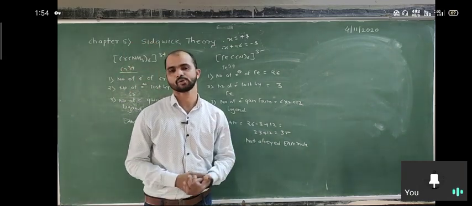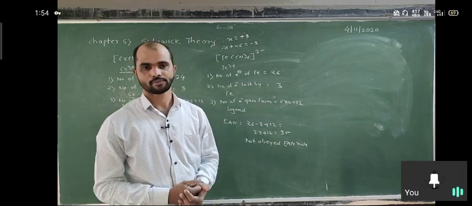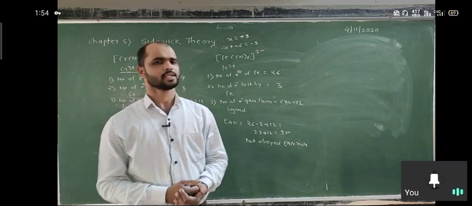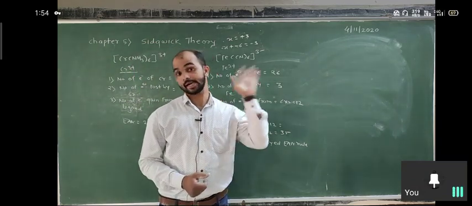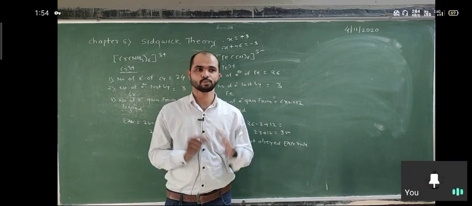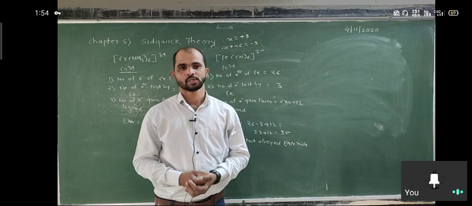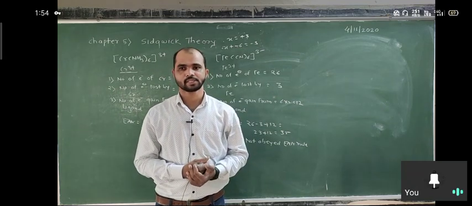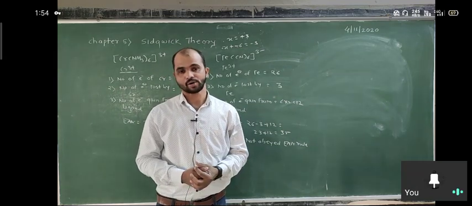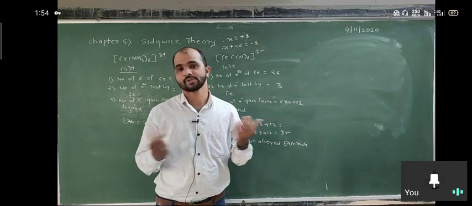Only one or two merits or advantages of this theory, but there are a lot of limitations. That's why the theory is not much useful. But at the time when the theory was introduced, it was helpful to predict something about coordination complexes. But now it is advanced chemistry. We can predict coordination complexes, their parameters, in different ways.